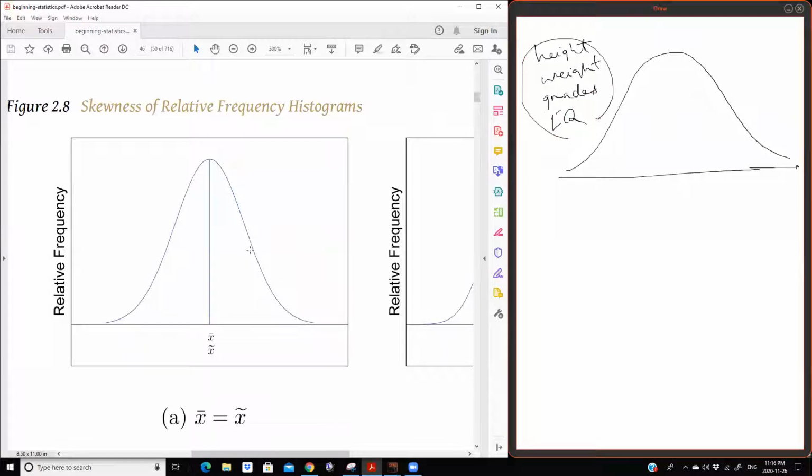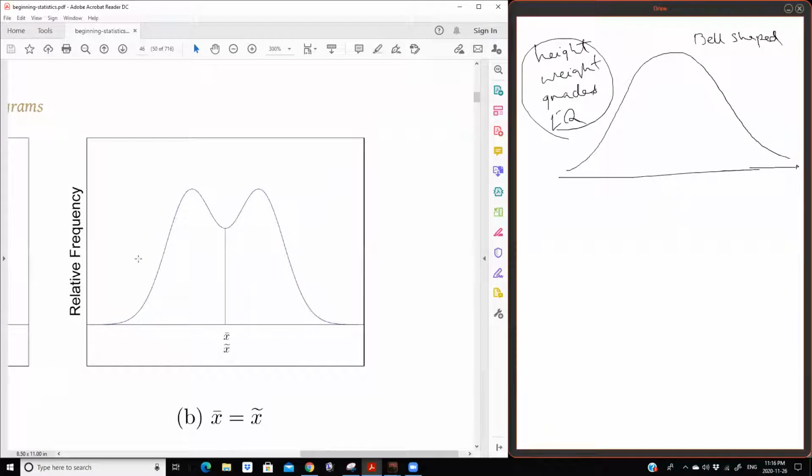For most of this type of data, if you draw a relative frequency histogram for a relatively large sample size, it's going to be the shape of a bell. It's a bell-shaped curve. And it's symmetric. It could be symmetric like this, or it could be symmetric like this.